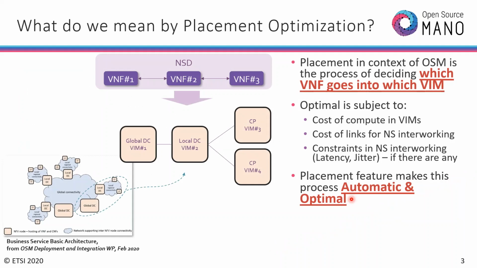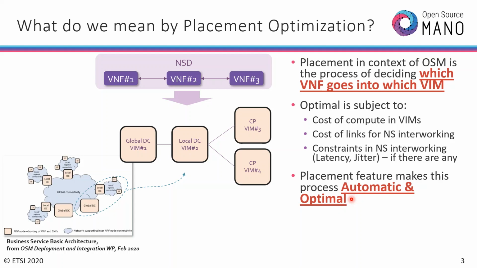So if we look into what we mean by this placement optimization, in the lower left-hand side, we have a view of a network as it might look for an operator. This is actually a picture that we have from the new white paper from the end user advisory group, which is released just now.